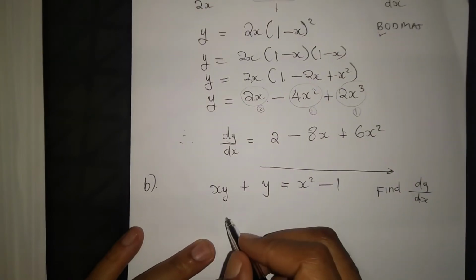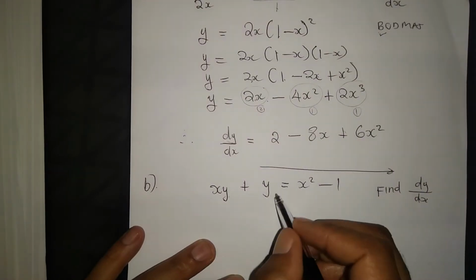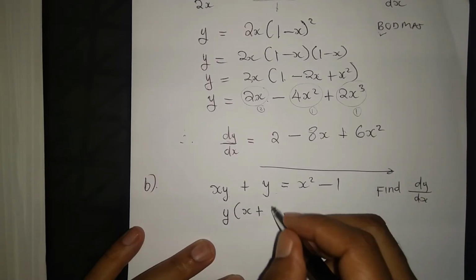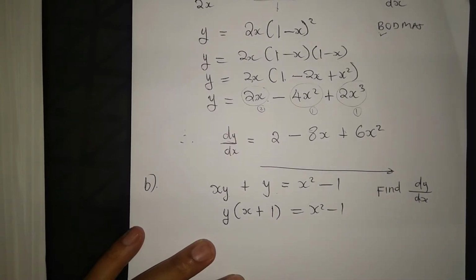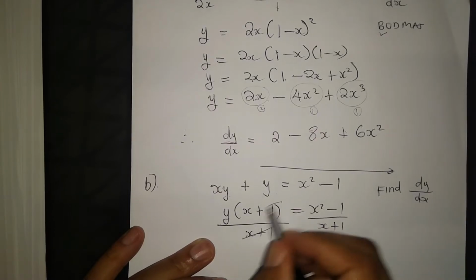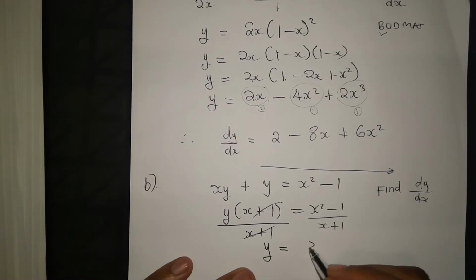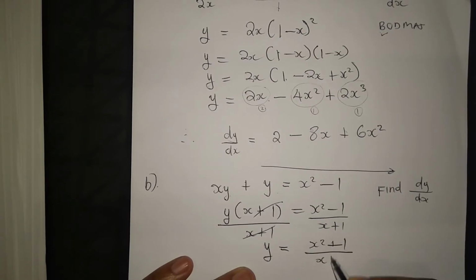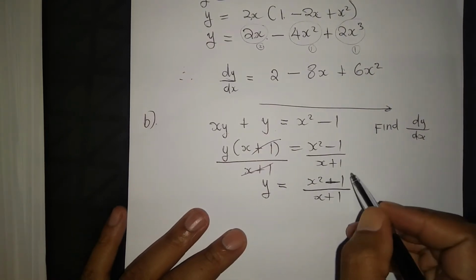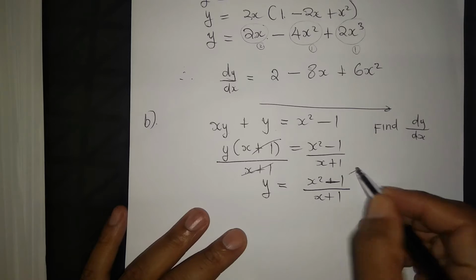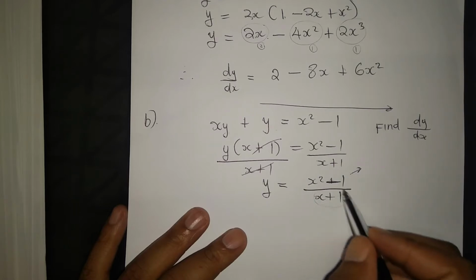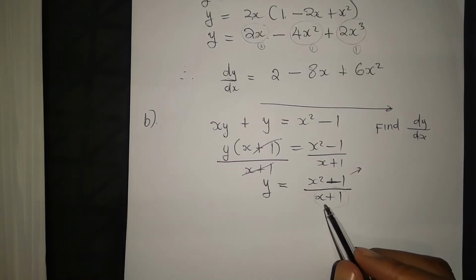The first thing we can do is take out y as a common factor, so y times (x plus 1) equal to x squared minus 1. Then divide both sides by x plus 1. X plus 1 cancels, and we get y equal to (x squared minus 1) over (x plus 1). On the numerator I have a binomial, a difference of 2 squares, and in the denominator a binomial as well.